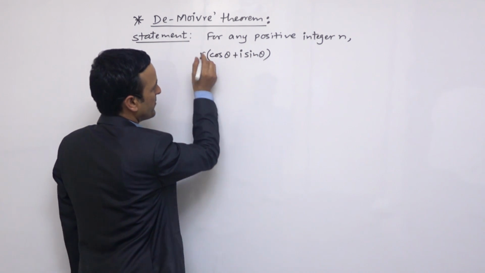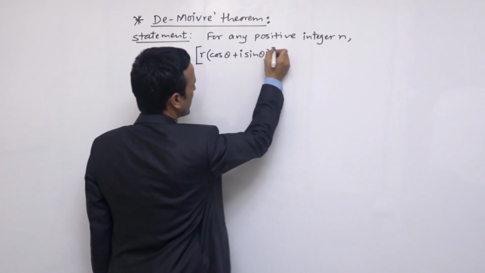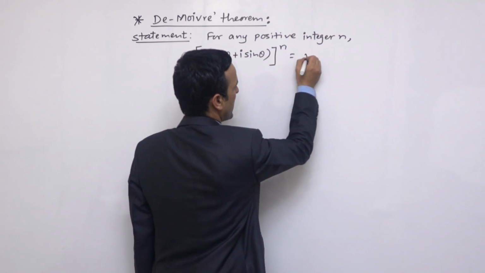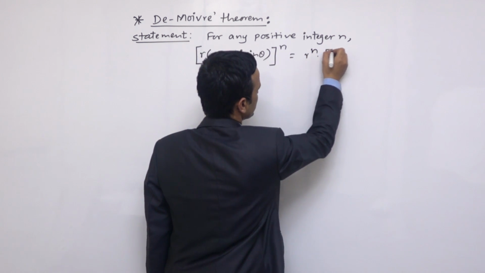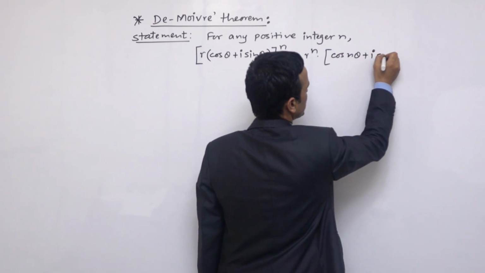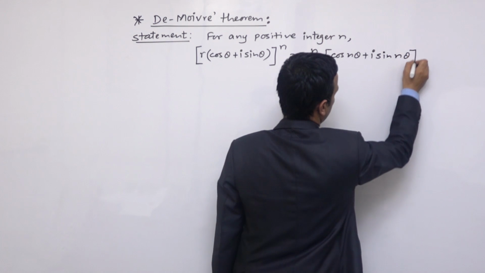जुन कुरा हामीले भर्खरै पढ्यौं, यसको पावर n हुँदाखेरि यसको रिजल्ट कस्तो आउँछ? r to the power n times cos n theta plus I sin n theta.